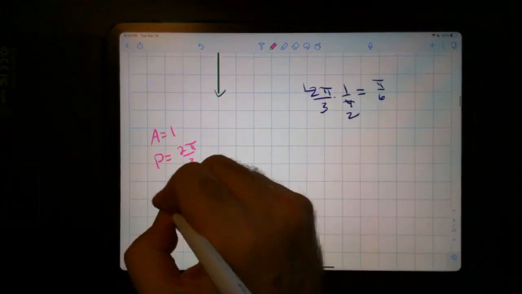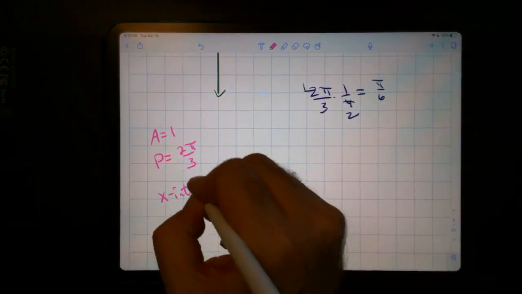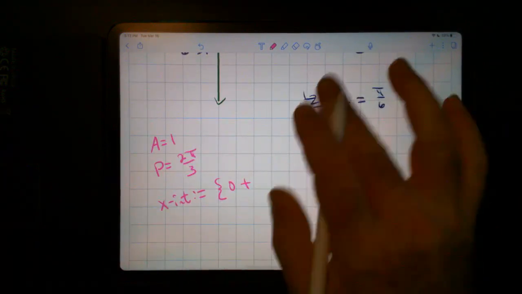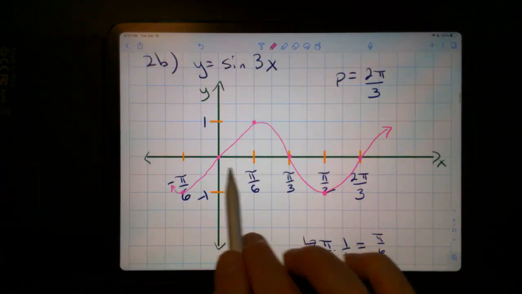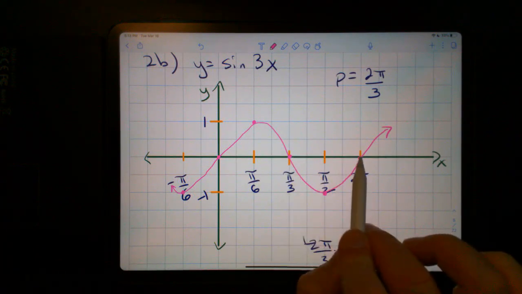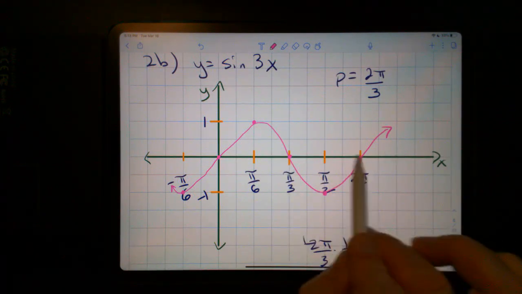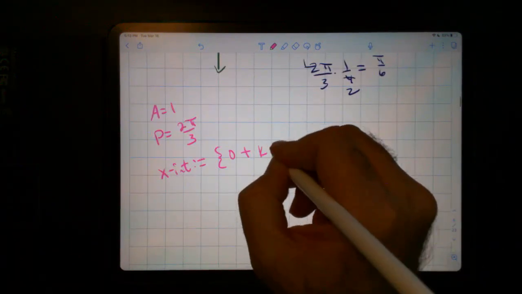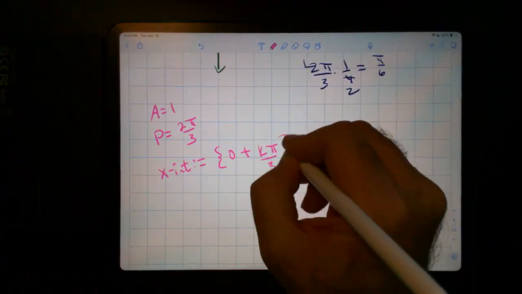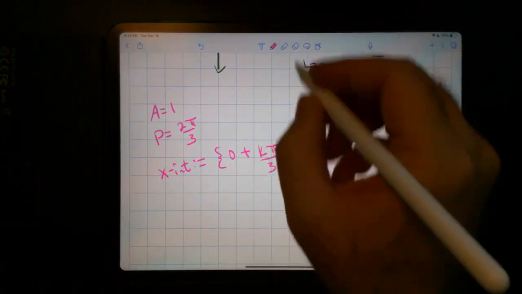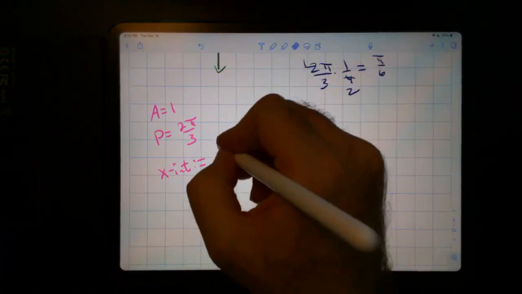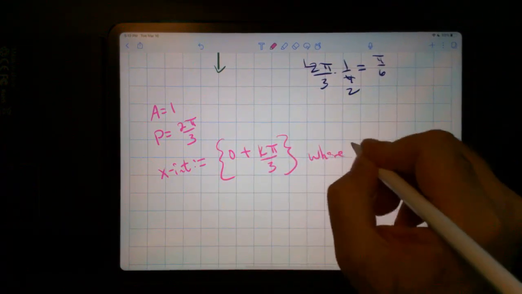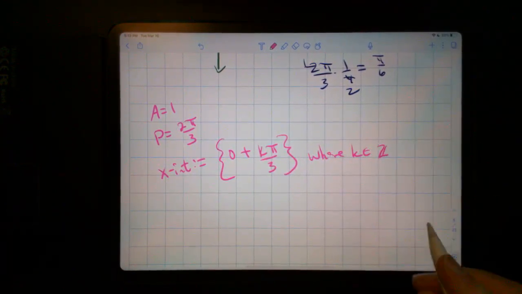And the x-intercepts, these will be defined as the origin plus pi over 3, 2 pi over 3, 3 pi over 3. We're looking at k pi over 3. And this is also where k is an integer.